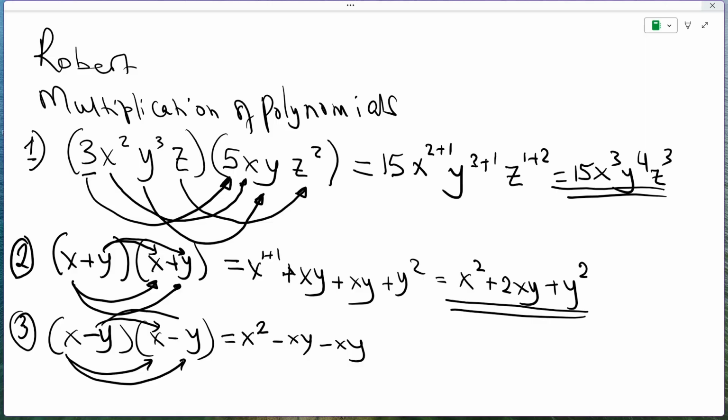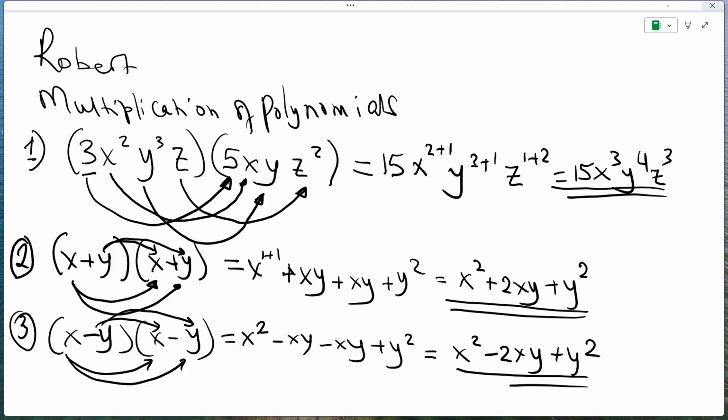And then negative y is multiplied by negative y, which will give us y to the power 1 plus 1, which is 2. And finally, this will give us x squared. We have minus xy minus another xy, so that will be minus 2xy, and then finally we'll have here y squared.